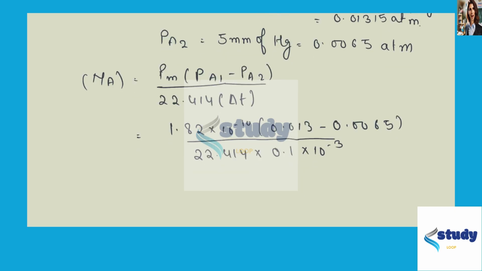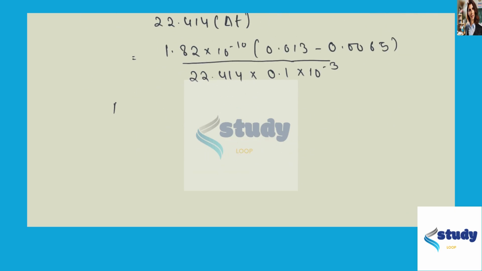So the value of Na comes out to be 5.34 into 10 to the power minus 10 kilogram mole per meter square per second.